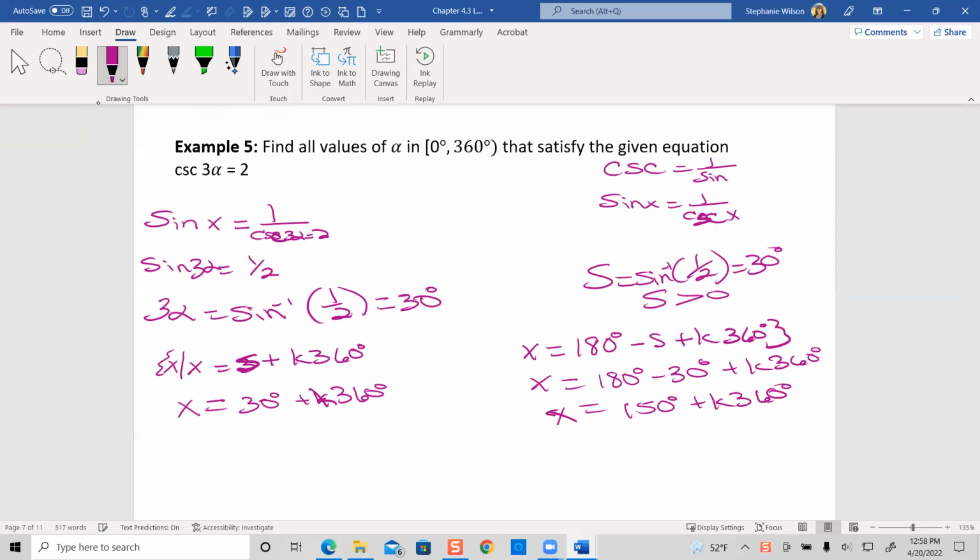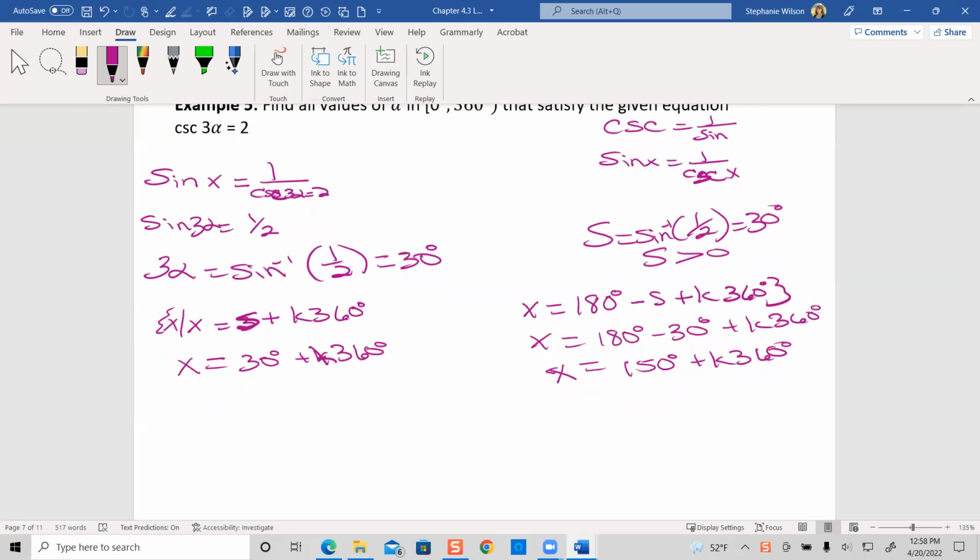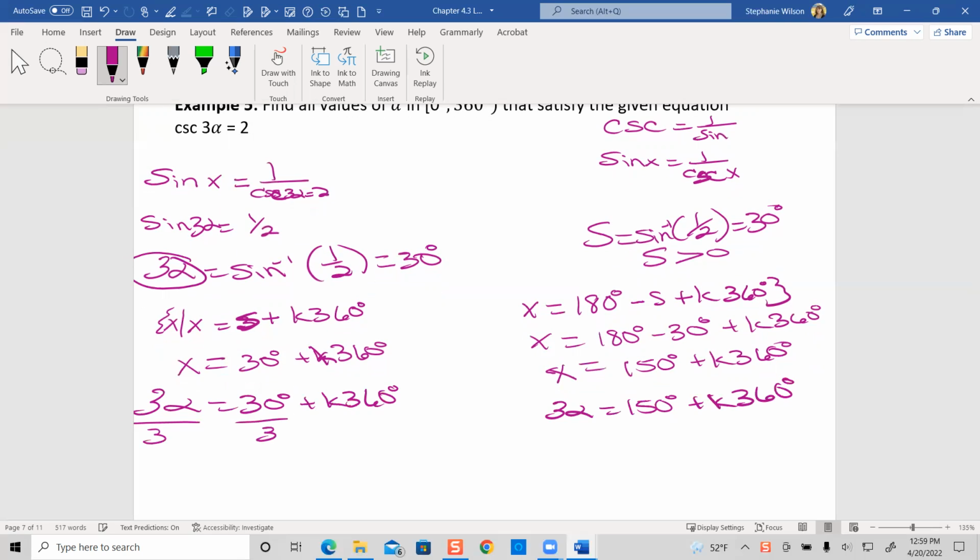All right, so now we know the equations. Now we just need to finish up and realize I've been plugging in x here because that's what the identity uses. Well, what is x? x is this 3 alpha. So now we need the coefficient on alpha to be 1, and it's a 3, so let's divide by 3.